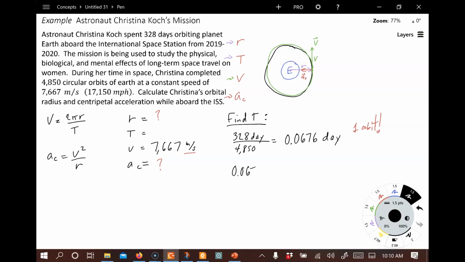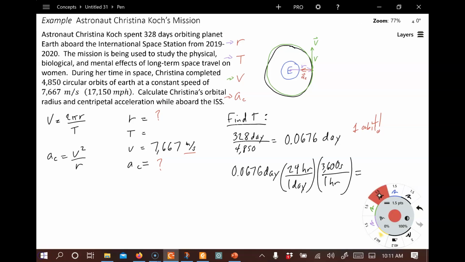0.0676 days. We're going to say 1 day is 24 hours, and each hour is 3,600 seconds, and we can calculate this time in seconds.